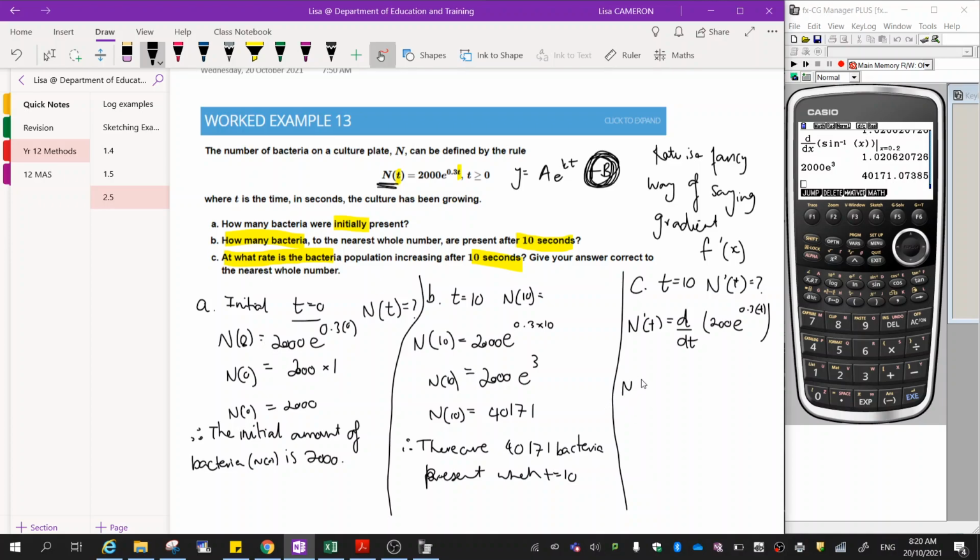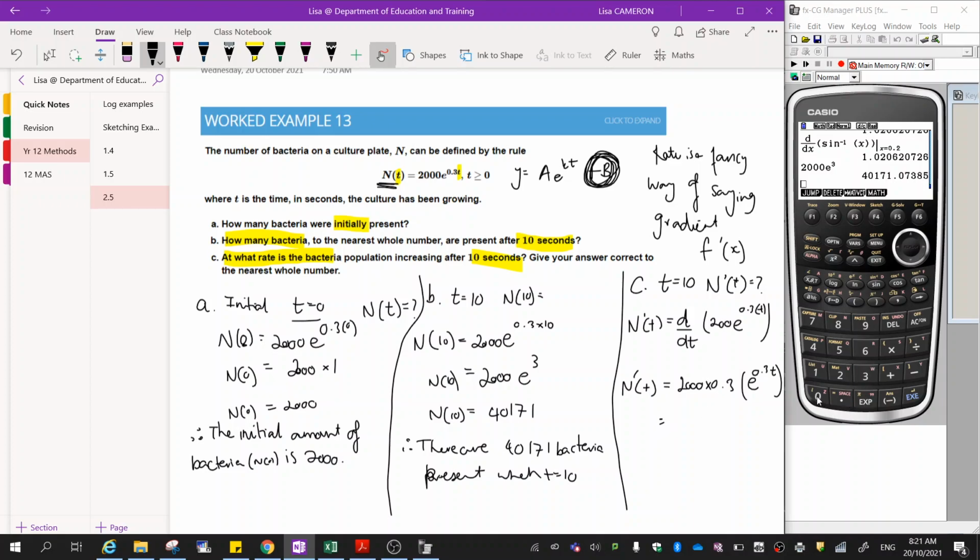So our derivative function is given by, we'll take the derivative of this and it will come to the front. So 0.3t, when I derive that, will become, not 2,000, don't get tricked there, times 0.3, bracket, e to the power of 0.3t. Because it's an exponential function, it doesn't change.